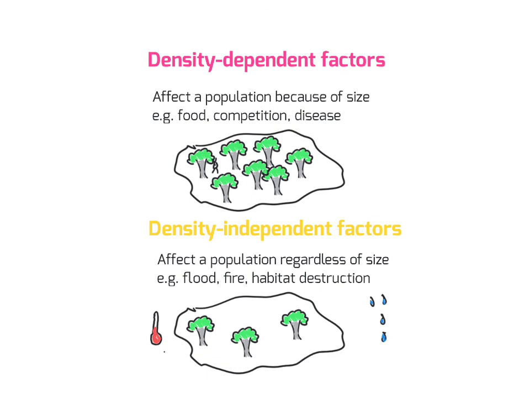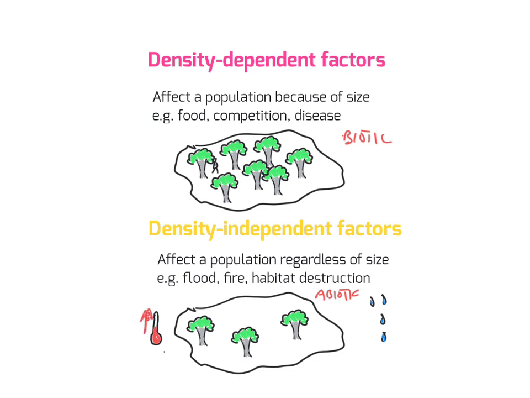Now, there are density-independent factors, and I should also say that density-dependent factors tend to be biotic. Density-independent factors are limiting factors that affect a population regardless of size. These ones tend to be abiotic factors, and ones that I've listed here are flood, fire, habitat.